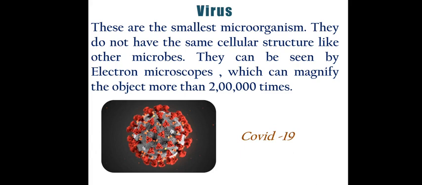You know very well. So this is a virus. The basic thing about a virus is that normally it is a dead organism. That means it is not going to reproduce on its own. It doesn't have the same machinery, the same cell structure like other microbes. But when it comes in contact with a living organism, in that host cell, it uses the machinery of the host cell, and it starts reproducing and multiplying, and then it can damage the host cell, and obviously the person affected with the virus can fall ill or may die also.